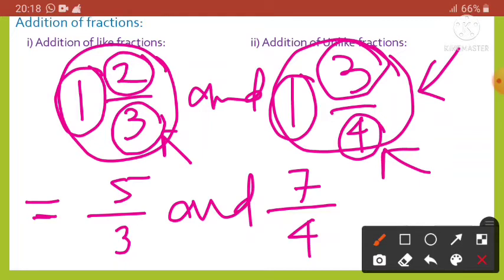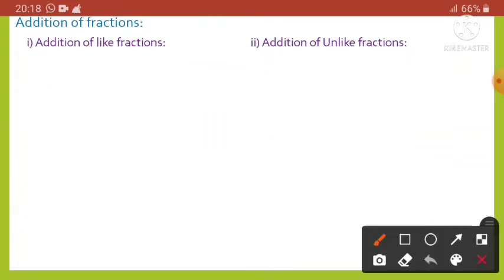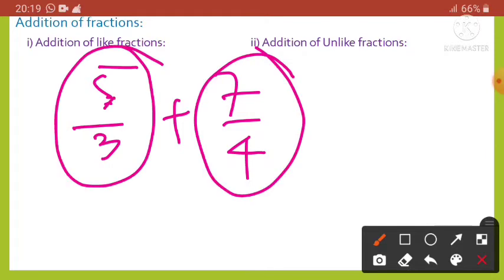Now if we want to add, the fractions are now 5 by 3 and 7 by 4. You can see that both fractions are unlike fractions because the denominators are not the same, they are different.